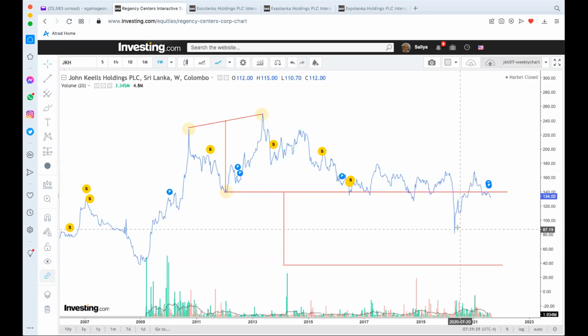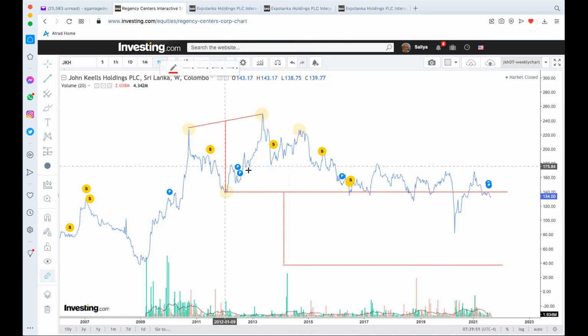At the same time, while looking at this, you will see many other tops, right? You have a top here. Before that top, there is a low here.